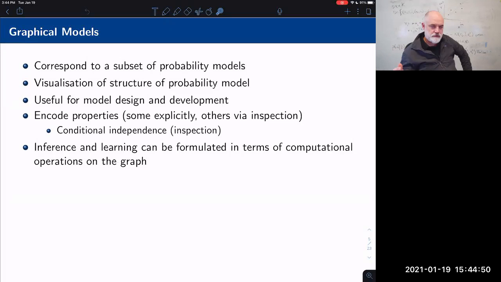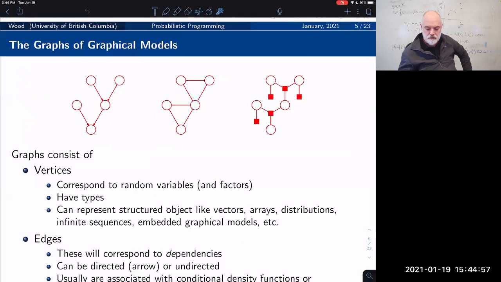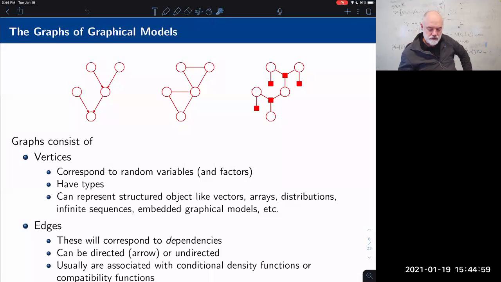And again, the second part of the course will be establishing a connection between a language or family of languages and graphical models. So what are the graphs of graphical models? Well, there are at least three forms of graphical models in common use. The one on the left is a directed graphical model.